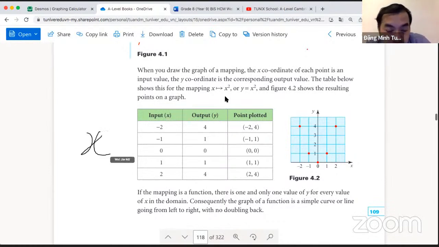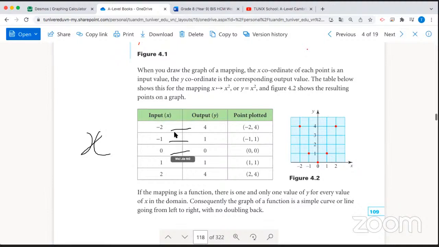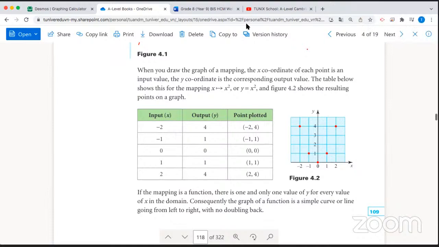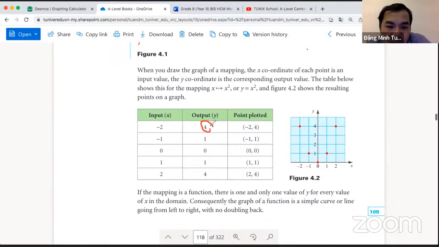One to one, one to one. And here, look at this one. In this case, you can see the same output, 4, right? Maybe two different x can give you the same value of y. It's okay.